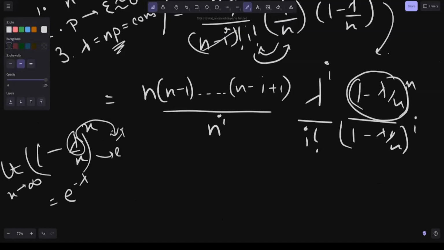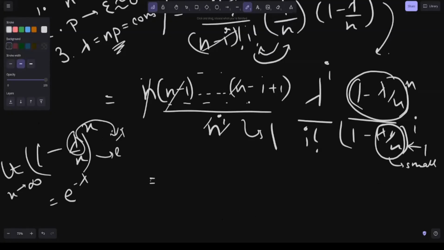And this whole term, since this is a very huge number and there are i numbers of this, so this gets cancelled and this is very close to 1. And this value is also close to 1 because this value will be very small, and 1 to the power something is 1.